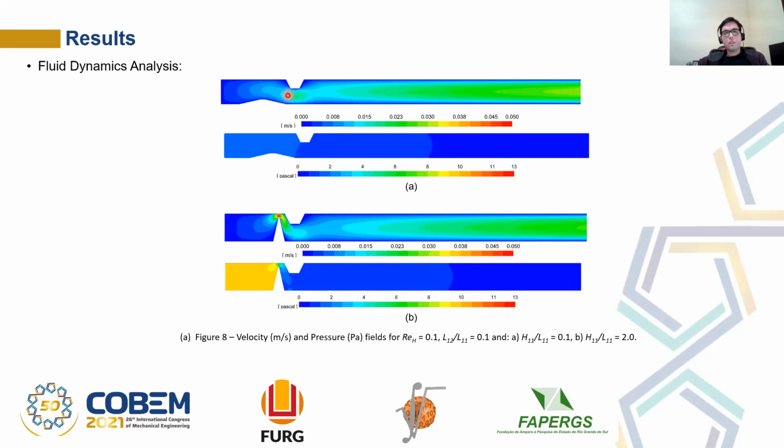Here we have the velocity and the pressure fields for the best, and below for the worst fluid dynamics case. We can see that the highest height of the first block causes a big obstruction on the flow, and this causes the pressure drop to increase quite a lot.